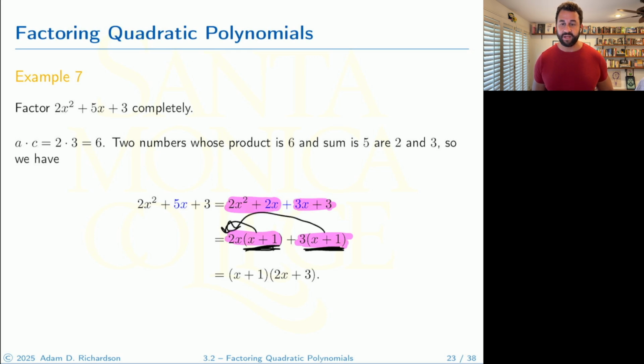We factor out x plus 1, and then we get x plus 1 times what's left over, 2x plus 3. By the way, this is now fully factored, so we're done.